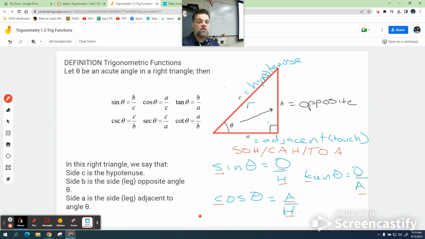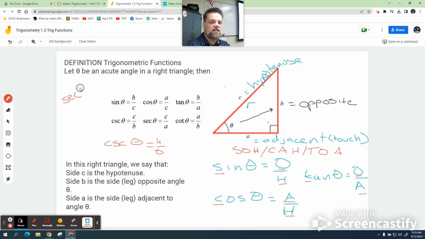And then the other ones are just reciprocals of that, right? So cosecant of theta is just the reciprocal of sine. So it would be the hypotenuse over the opposite. And then I'll write this over here because I'm running out of room.